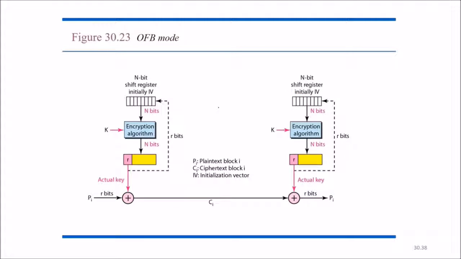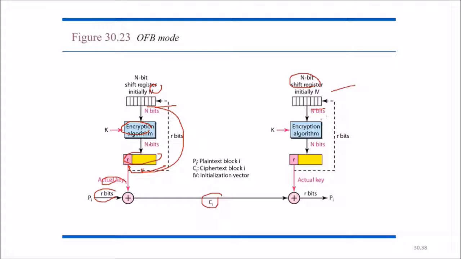And what about OFB mode? In OFB mode, we have n bits with some initialization vector, the encryption algorithm with n bits, and now the R bits after applying this. The actual key combined with the R bits gives you this Ci. Again, you have n bits, because this is again an initialization vector with an n-bit shift register.